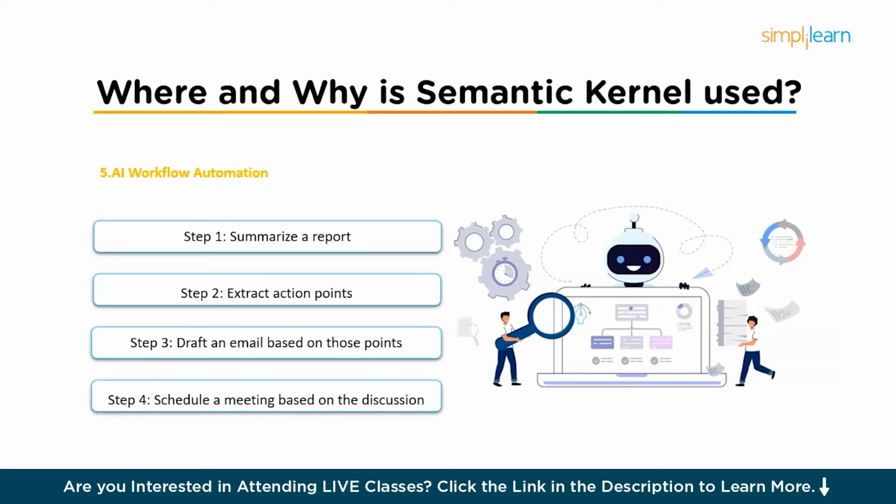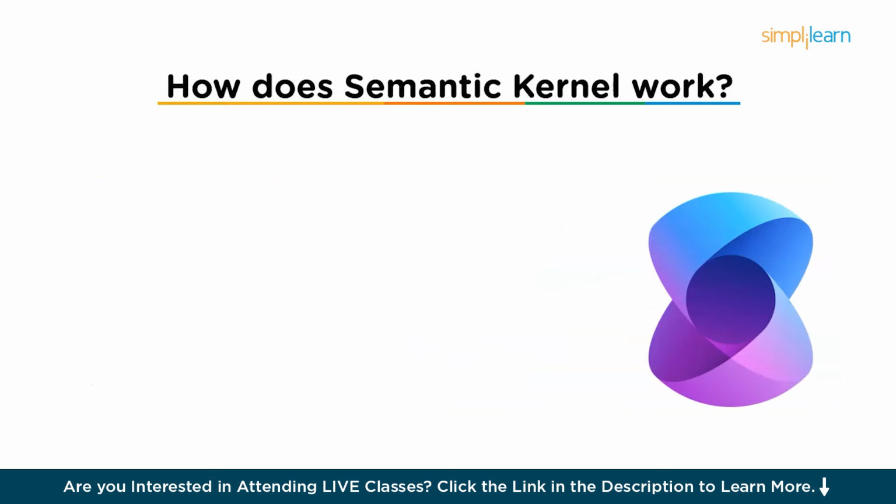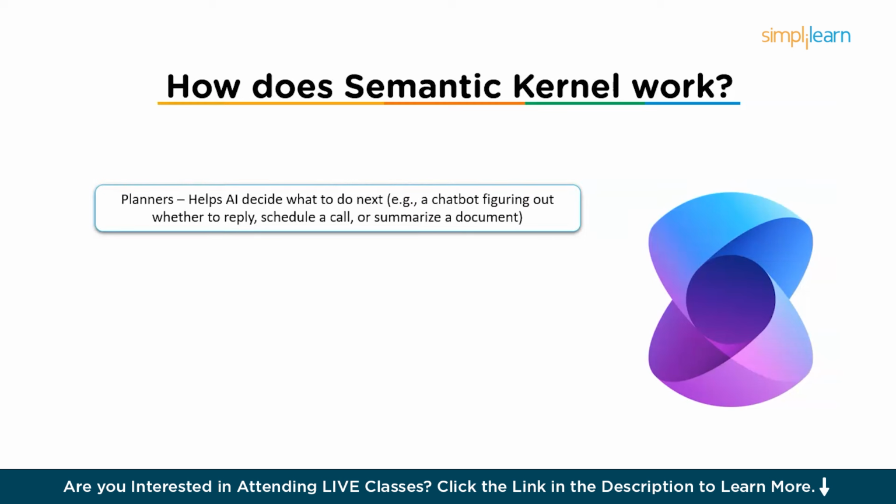Now, after we have understood where and why Semantic Kernel is used, let us understand how it works. At its core, Semantic Kernel enables developers to orchestrate and combine AI models, plugins, and memory storage into a unified system. It consists of planners, which help decide what to do next. For example, a chatbot figuring out whether to reply, schedule a call, or summarize a document.